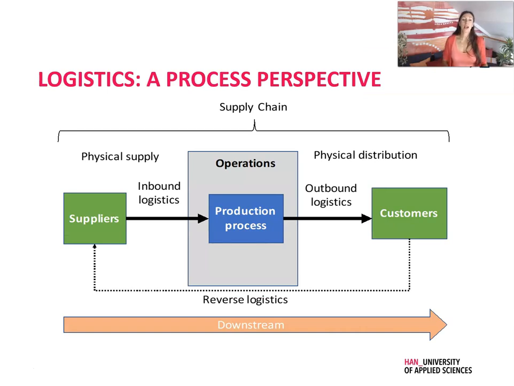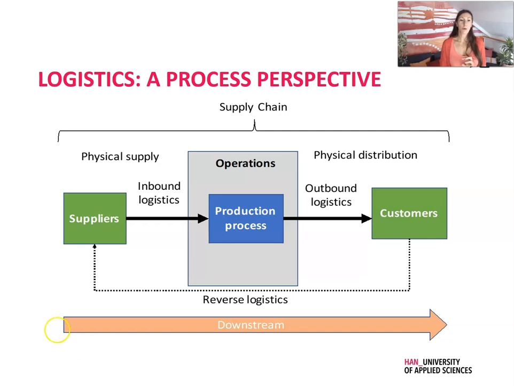Now, let's look at the process perspective and the definitions of some of the concepts that are more logistics specific. You see in this diagram that we have suppliers and customers just like before. Now, in the middle, what we used to have as the transformation box is here called operations. And the activities are actually production processes.